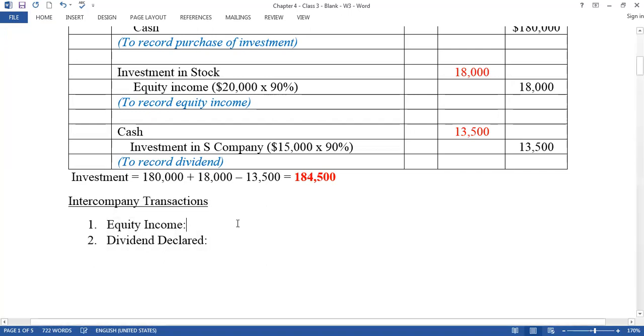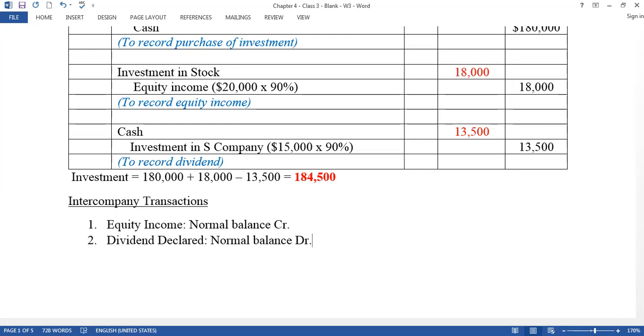How to eliminate them? What is the normal balance? Normal balance of equity income is credit. We know that, right? And normal balance of dividend declared is debit. We all people know this, right?